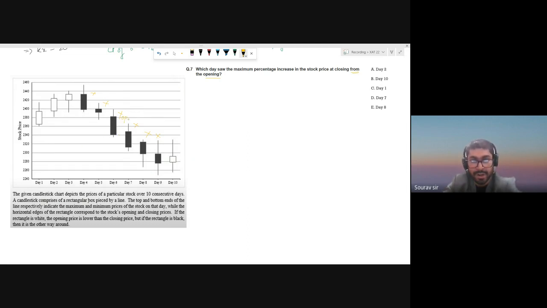These all opened higher and closed lower. So any one among the black boxes, day 4 to day 9, will not be your answer. So all of these D and E options are gone, eliminated. Okay, so we have to work with 3: day 2, 10, and 1.